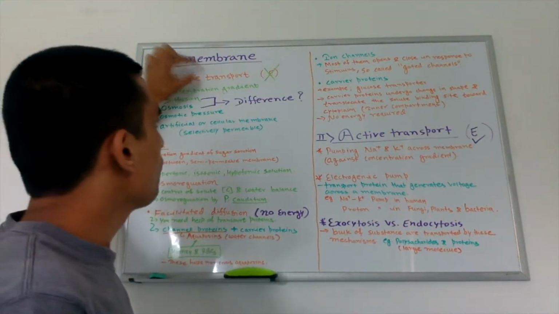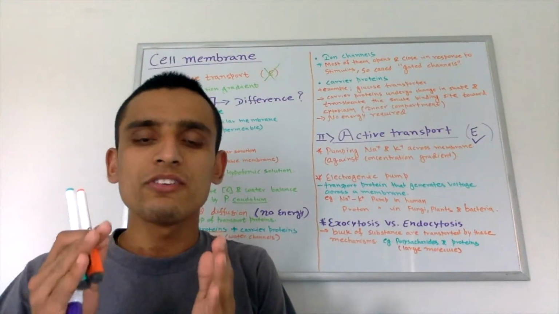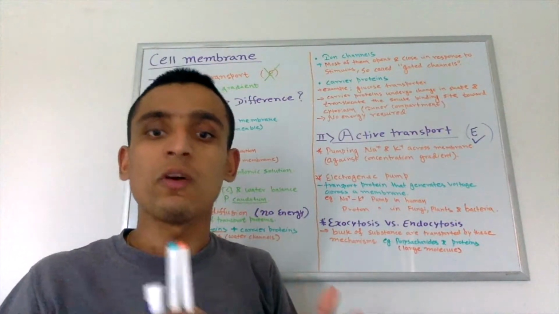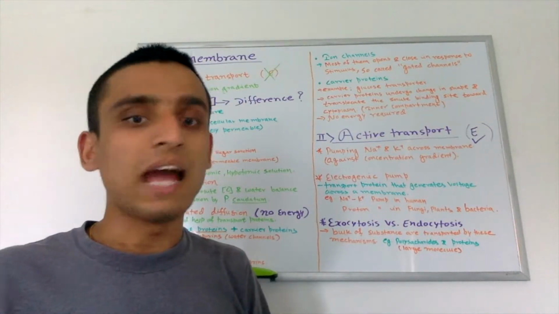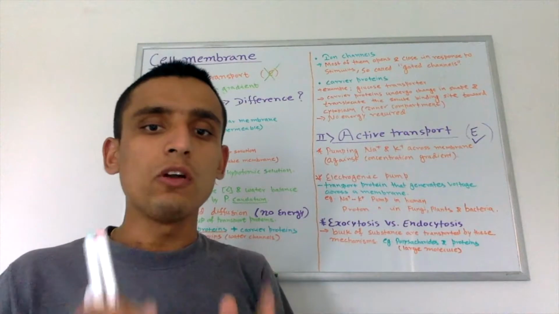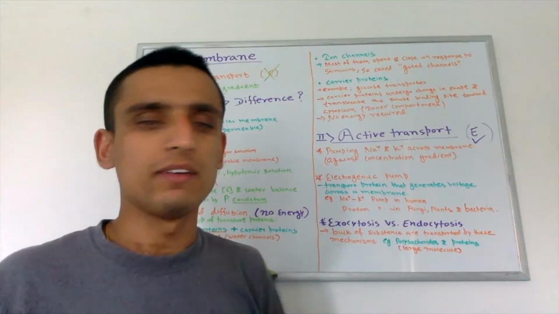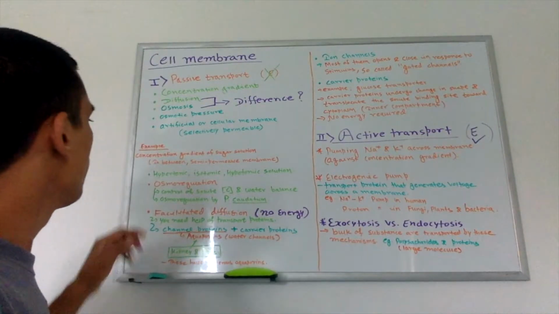Remember that passive transport works on the concentration gradient, from high concentration to low concentration of solute. I'm not talking about water, I'm talking about solute. The solution may be hypertonic, hypotonic, or isotonic, as I mentioned here.